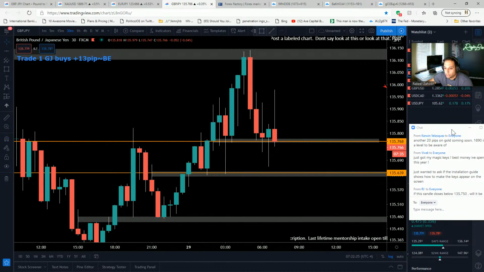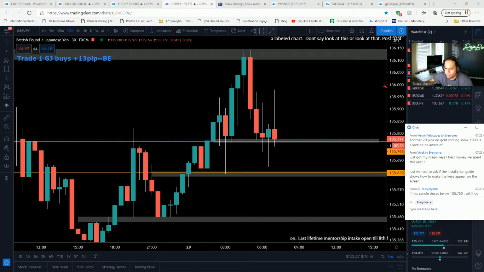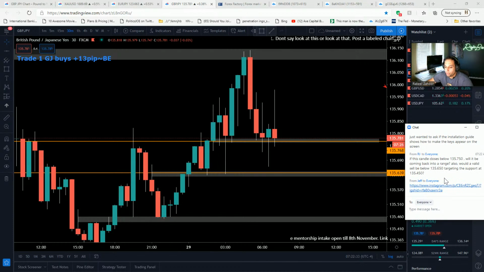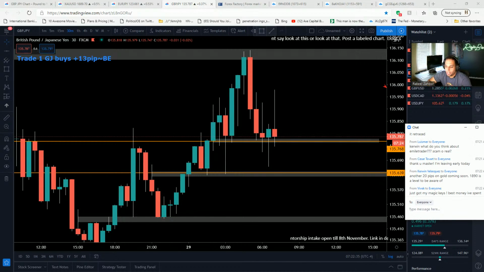Oh, look at this. I just got my magic keys. Best money I spent this year. One question I get from people all the time when they get magic keys is, hey man, I press the open calc button and nothing happens. Nothing happens because no one reads the troubleshooting guide that comes with magic keys. I don't know why.